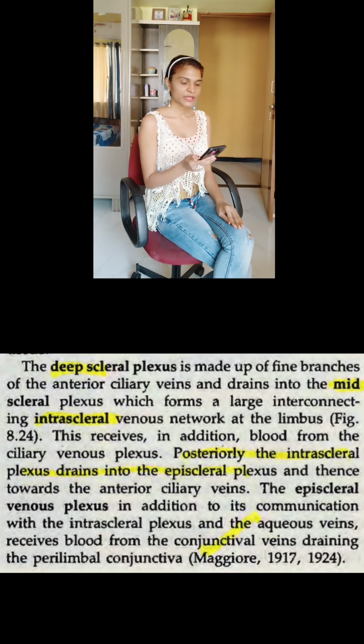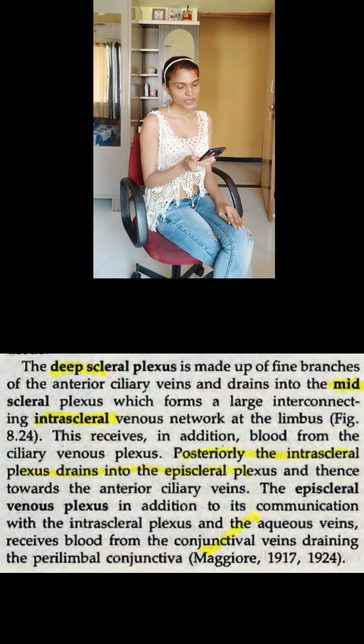The deep scleral plexus is made up of fine branches of the anterior ciliary veins and drains into the mid-scleral plexus, which forms a large interconnecting intrascleral venous network at the limbus. This receives in addition blood from the ciliary venous plexus.